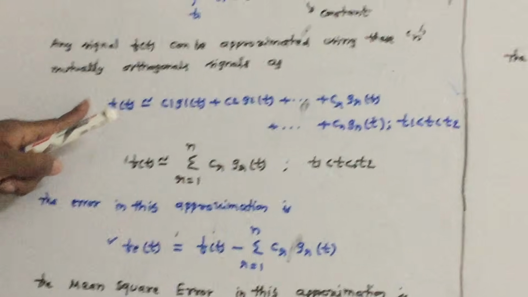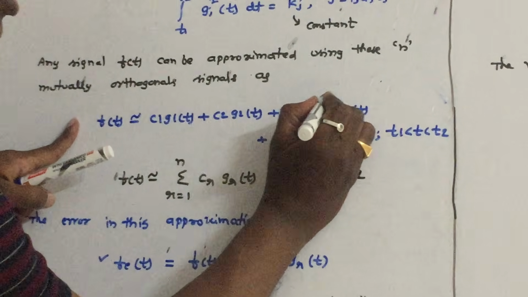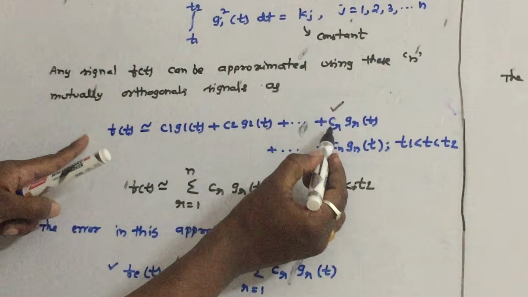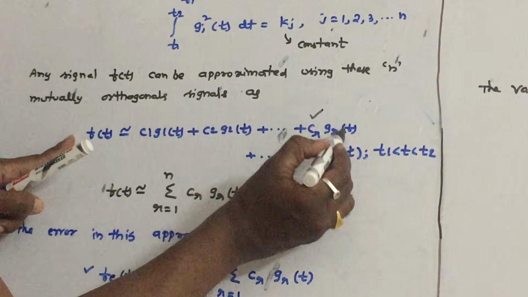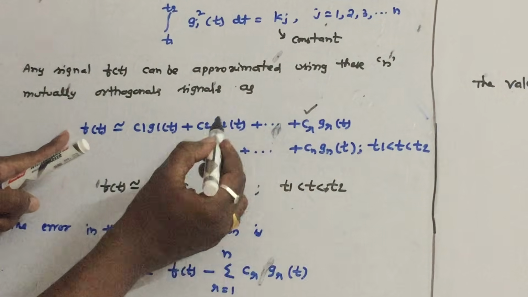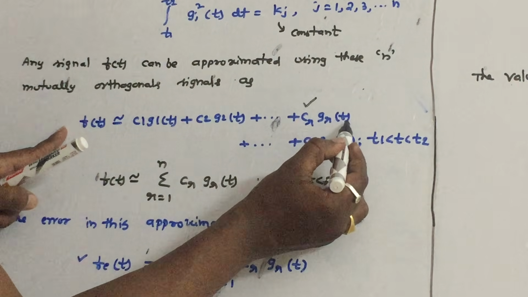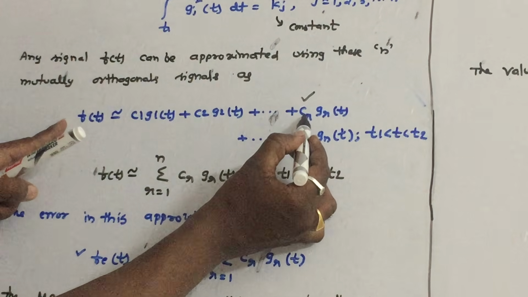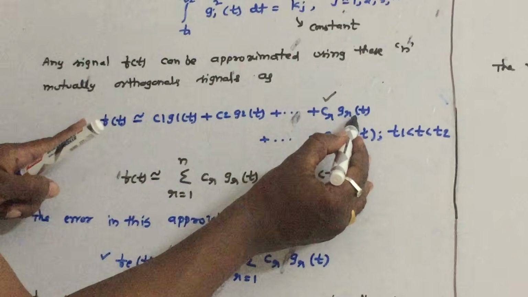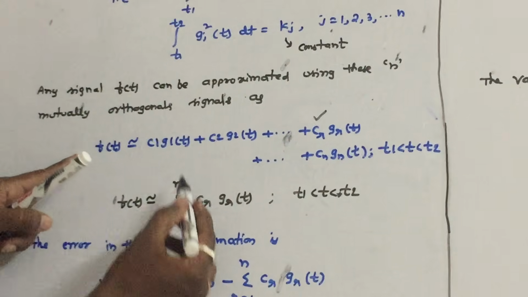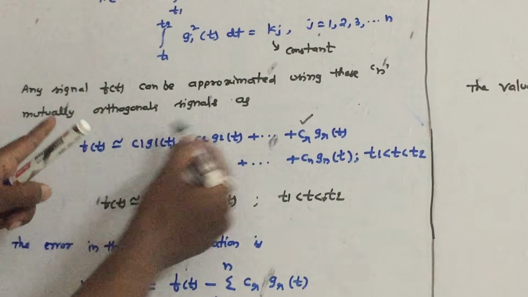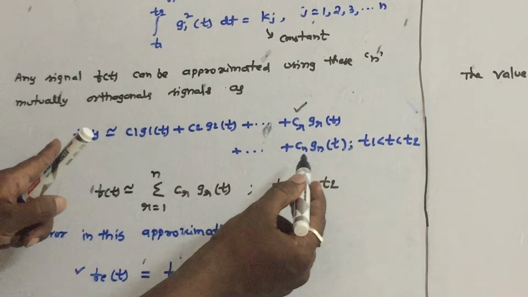What is the coefficient cr, or cj, whatever you take? Simple formula: integral t1 to t2 f of t into gr of t dt, by integral t1 to t2 gr square of t dt. So the cr formula is straightforward: integrate the numerator and denominator with respect to t from t1 to t2. That is what we have discussed in orthogonal signal space.